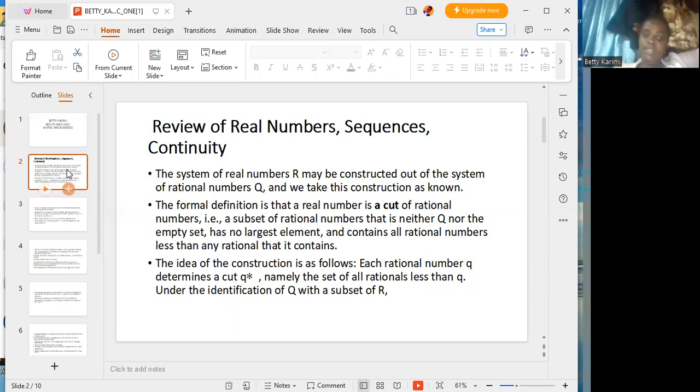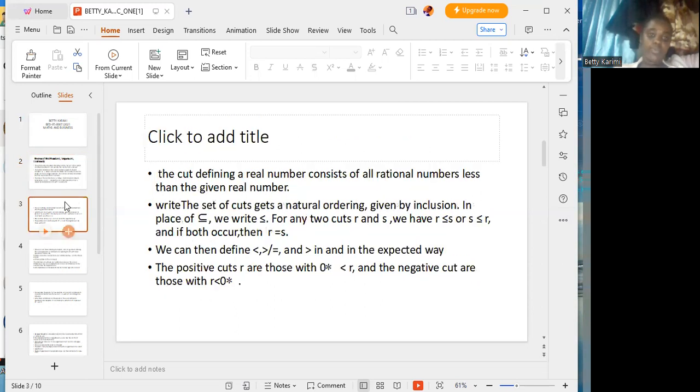Each rational number q determines a cut q*, namely the set of all rational numbers less than q, under the identification of Q with a subset of R. The cut defining a real number consists of all rational numbers less than a given real number.